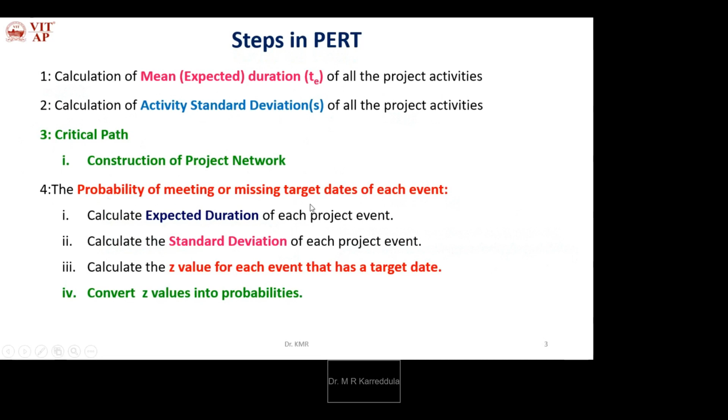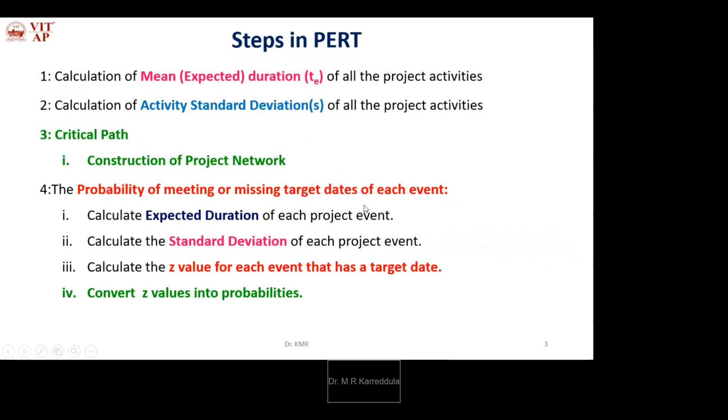While constructing the network, every activity has a start event and an end event. For every event we have to calculate the expected duration of each project event, and then the standard deviation of each project event. So this is different and this is different. Here we calculate expected duration and standard deviation for all the project activities.